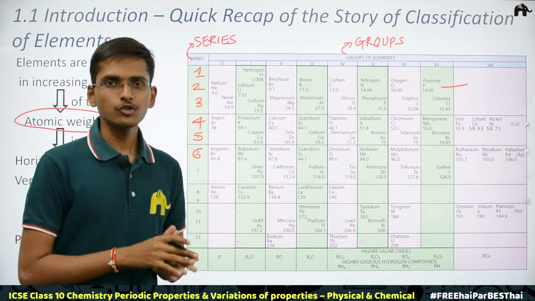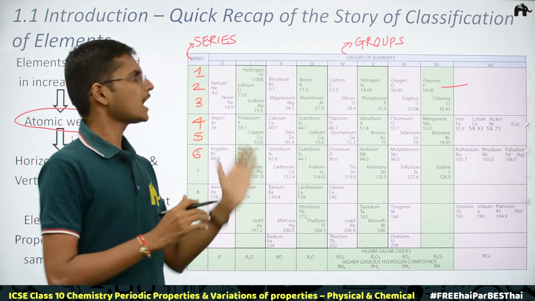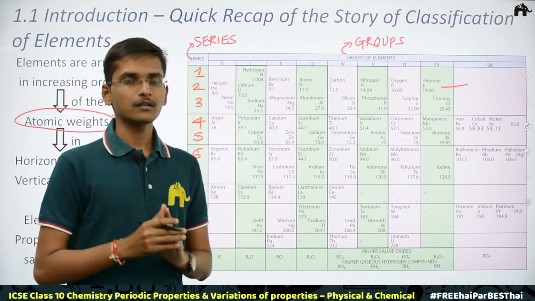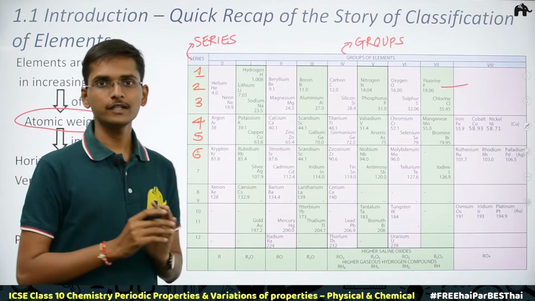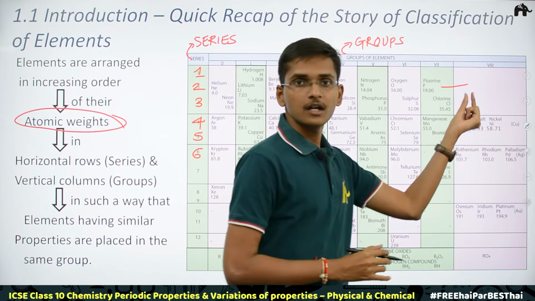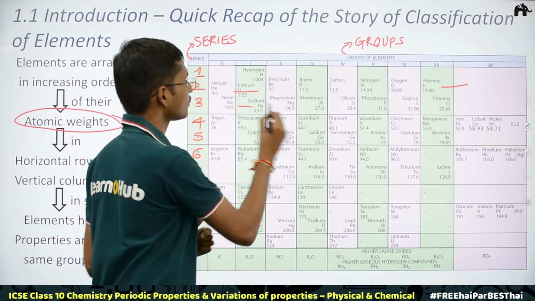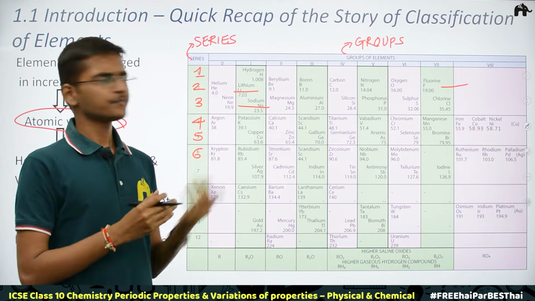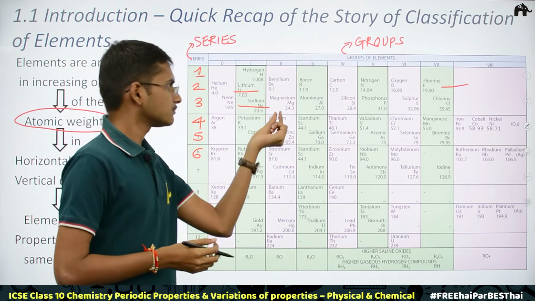Now, the next element I know is sodium, which has higher atomic mass than fluorine. But at the same time, I know that sodium has properties similar to lithium. So I won't place sodium here; I'm going to place sodium right below lithium. In a similar way, after sodium, the next higher atomic weight element is magnesium.